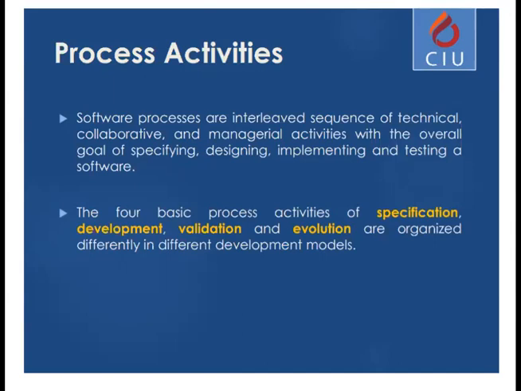Finally, evolution is the step that should never ever stop. If you stop evolution, you risk your software to disappear from the platform, from the industry. Evolution is a step that should continuously encourage development and validation. So basically, you get feedback from the user, you understand your user base more and more as your software is being used, and you should adapt to the needs of the user requirements.